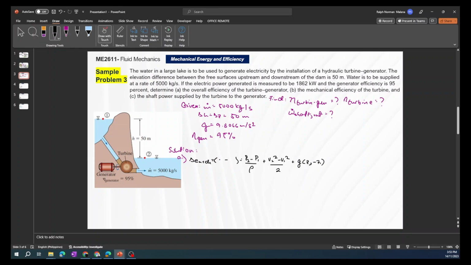So energy in minus energy out. Let me just rewrite this again: P in, P out, V in, V out, and then Z in and Z out. You'll know why later. So let's just group that together.